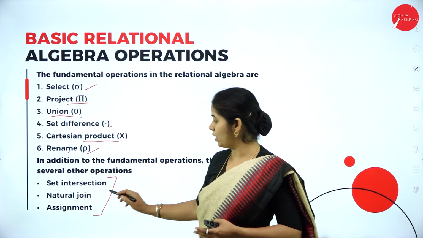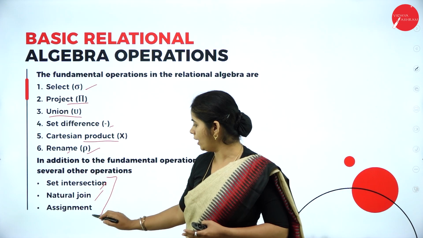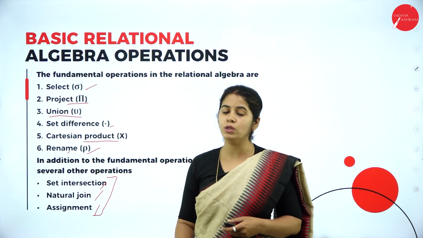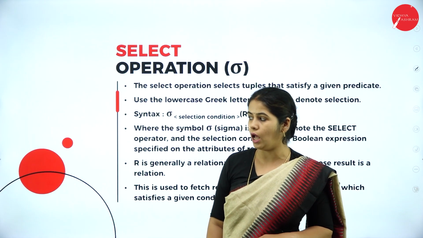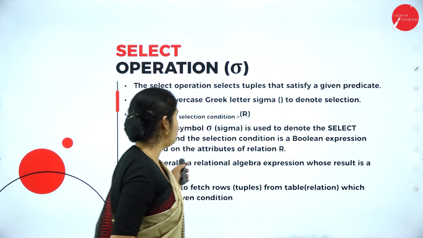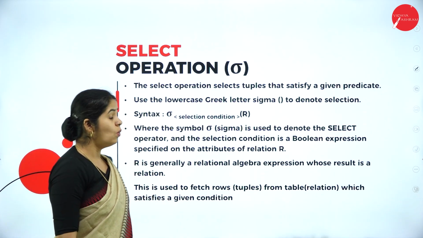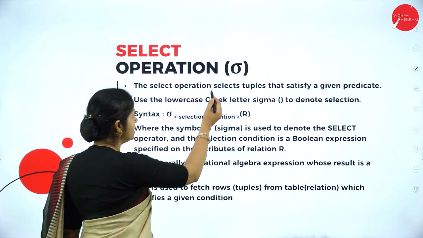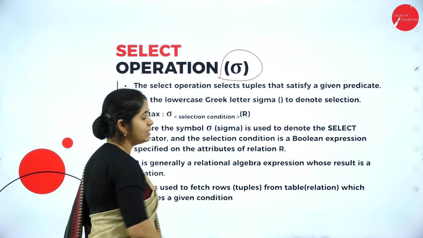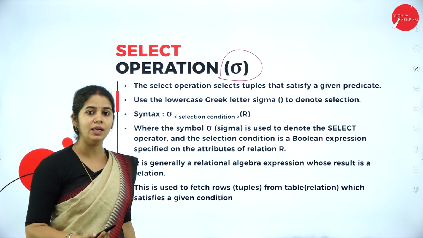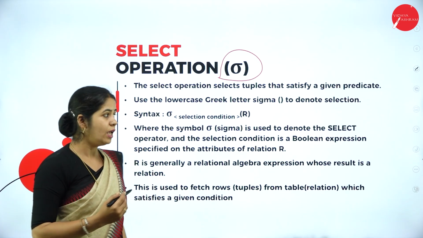Those additional operations are set intersection, join, and assignment operations, which can also be done using relational algebra. Next, let's see them one by one. Select operation. What does the select operation do? This symbol represents the select operation.